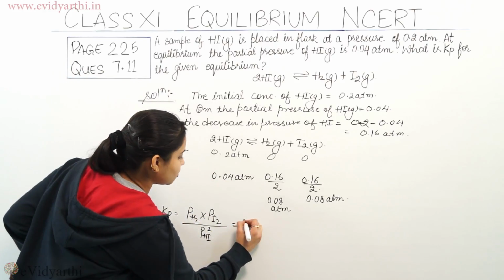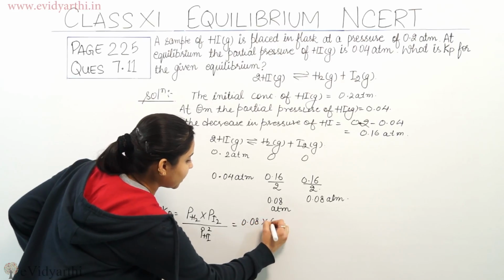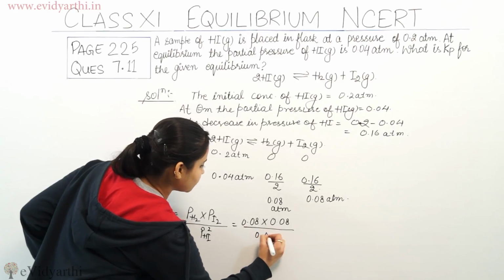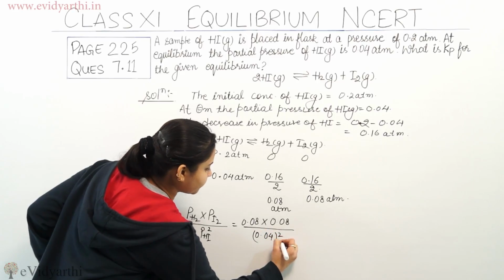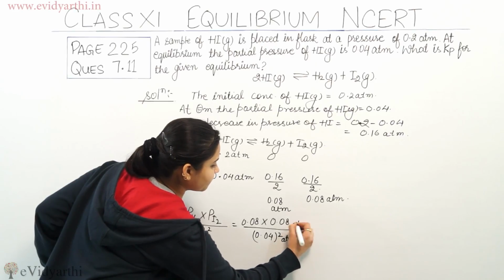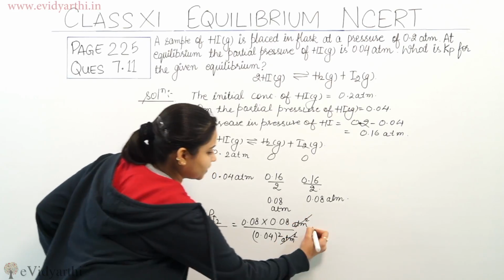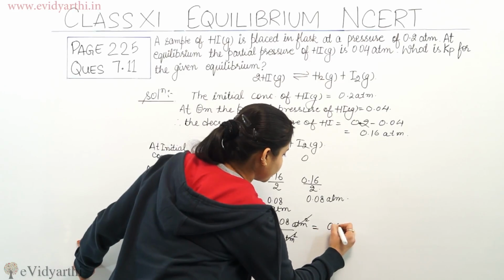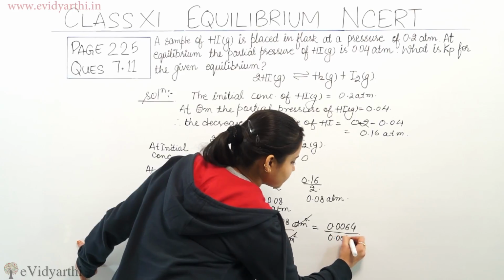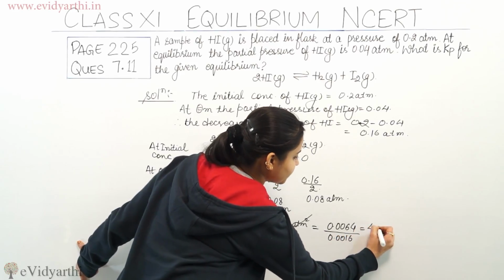So it is 0.08 multiplied by 0.08 divided by 0.04 whole squared. Here there is atm squared and here also atm squared, so these two cancel out. So what will be the result here? 0.0064 divided by 0.0016, which is equal to 4.0.